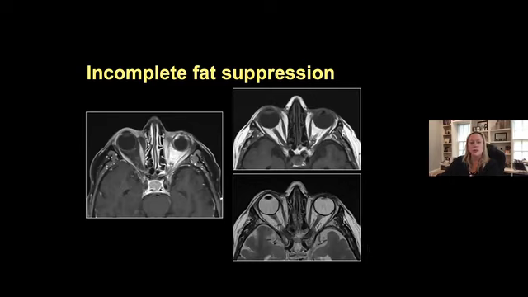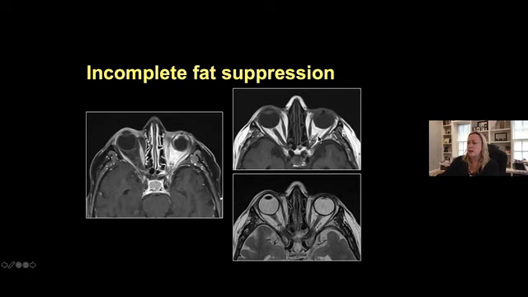This is another patient with incomplete fat suppression artifact. You can see here on the axial fat sat post-contrast images, again, apparent enhancement throughout the intraconal and extraconal orbit, as well as enhancement of the anterior chamber of the orbit and a distorted globe.